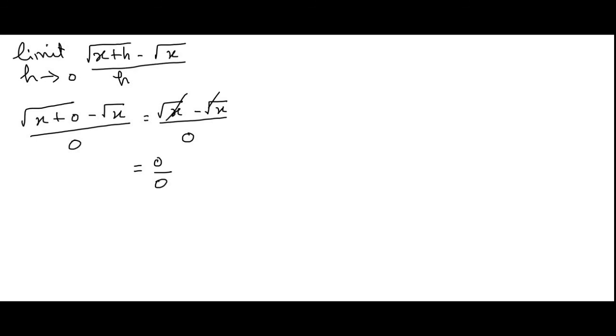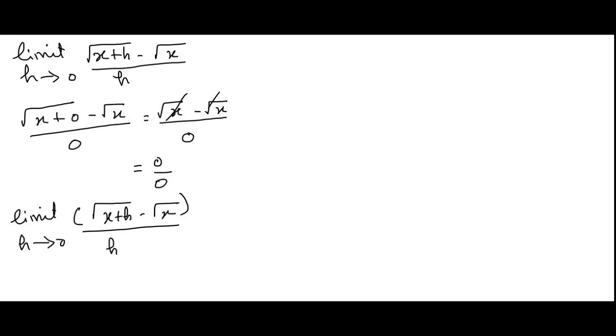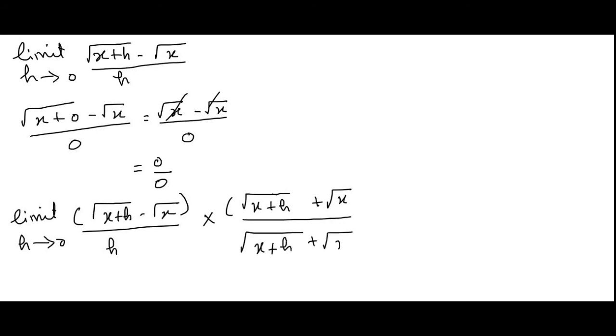Therefore, limit h approaches to 0, root of (x plus h) minus root x over h, multiplied by root of (x plus h) plus root x over root of (x plus h) plus root x.